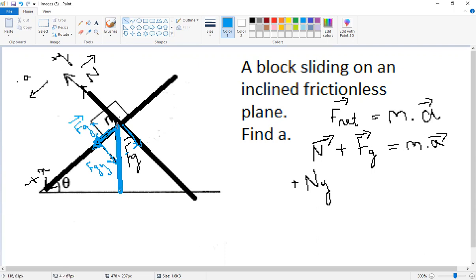Okay, I extended the Fg to meet with this axis at the bottom. Look at the big triangle, which is this one. This angle here is 90 because this line is perpendicular to this axis, and this is theta.